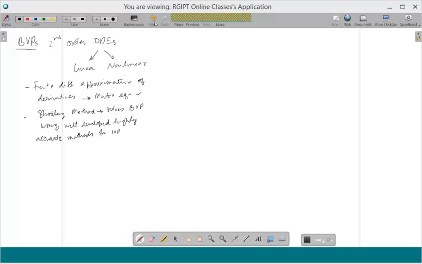There is a very important idea which is utilized in this third approach. Instead of looking at the equation, in the third approach you approximate the solution itself. You presume a form of the solution.